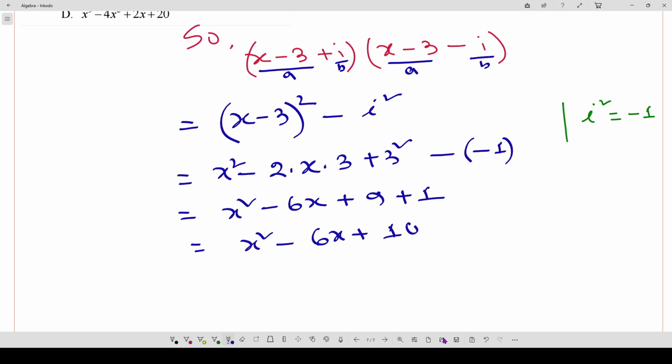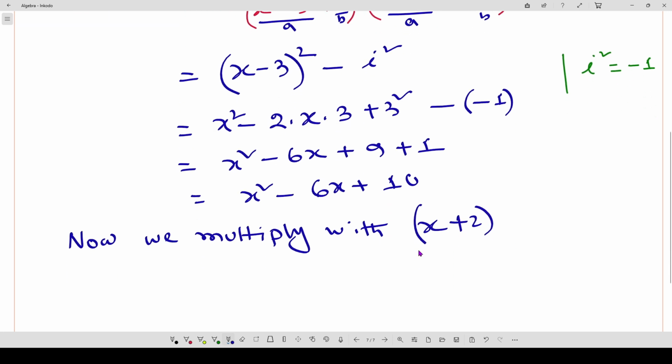Now we multiply with x plus 2. So what will happen? x square minus 6x plus 10 times x plus 2.